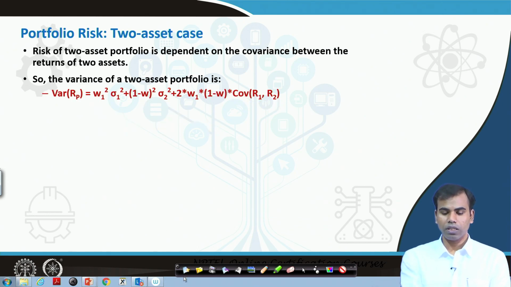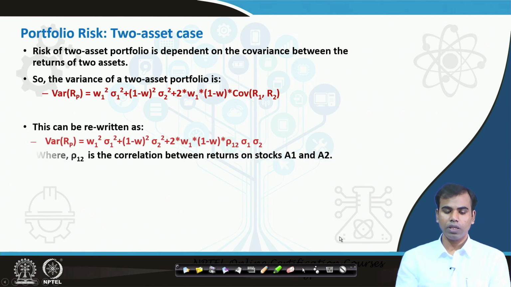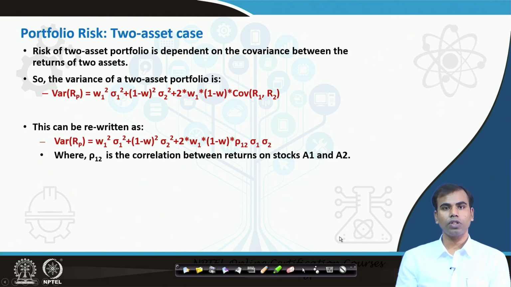So, if we take this particular approach further, we can rewrite the variance of the two asset portfolio case in terms of the weights of individual assets and sigma square of individual assets along with the correlation expressed as the covariance factor, which is rho here.